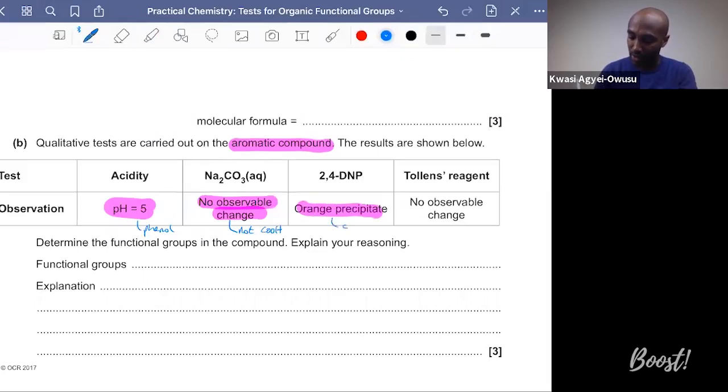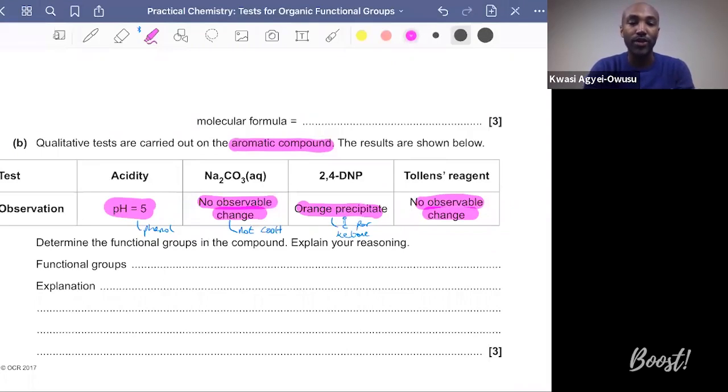So C double bond O for ketone or aldehyde. But because we know that there are no observations with Tollens reagent, we can correctly conclude that it is the presence of a ketone carbonyl that's giving the orange precipitate. There's no silver mirror.